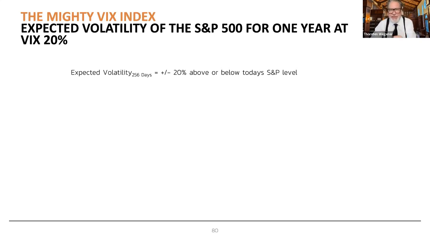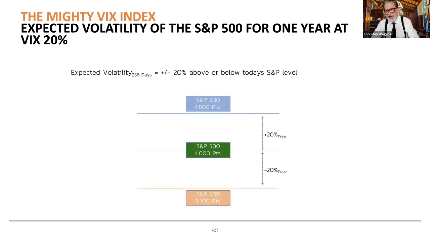And that simply means plus or minus 20% above or below the S&P level of today. If the S&P is trading at 4,000 and you have the VIX quoted at 20%, then in a year's time, this level tells you that the market, the center of mass, the big points, the daily returns in a year's time will probably be between 4,800 and 3,200.